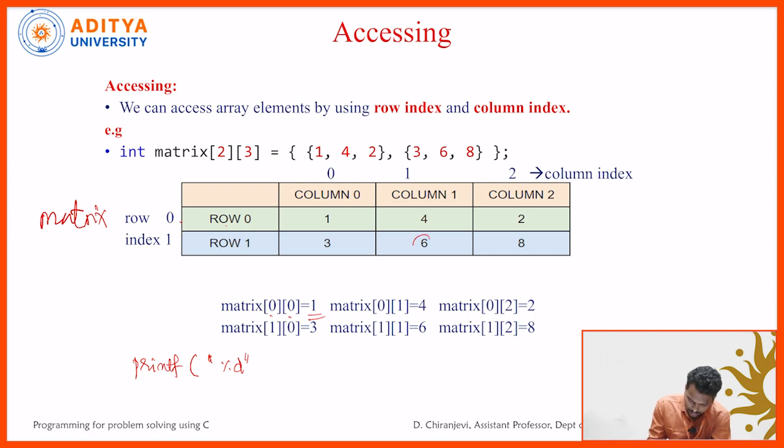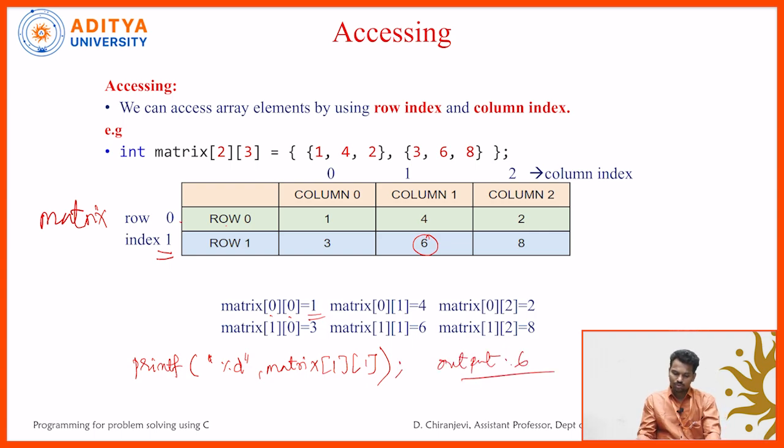Now the 6 is the element which is in row 2, that is index 1, and column 3, that is index 2. So you simply write the array name, that is matrix, first specify the row index, that is 1, and then the column index, that is 2. So matrix of 1 2, it will print output, you will get 6.